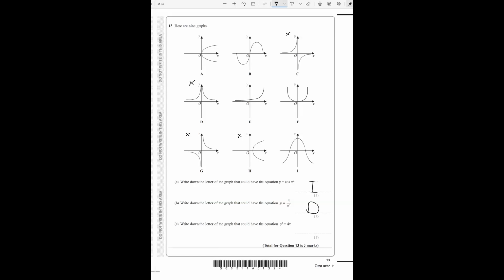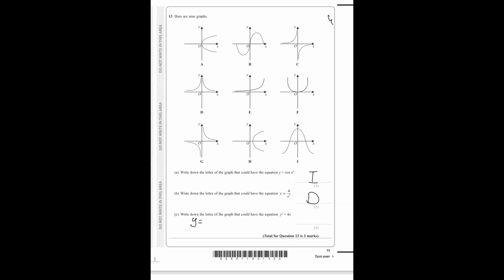Right, write down the letter of the graph that y squared equals 4x. Right, I'm going to rearrange that. Y equals the square root of 4x. Let's have a little think about the values we're likely to get. If we've got x, it can't have negative values, so actually it is either going to be this one or this one.